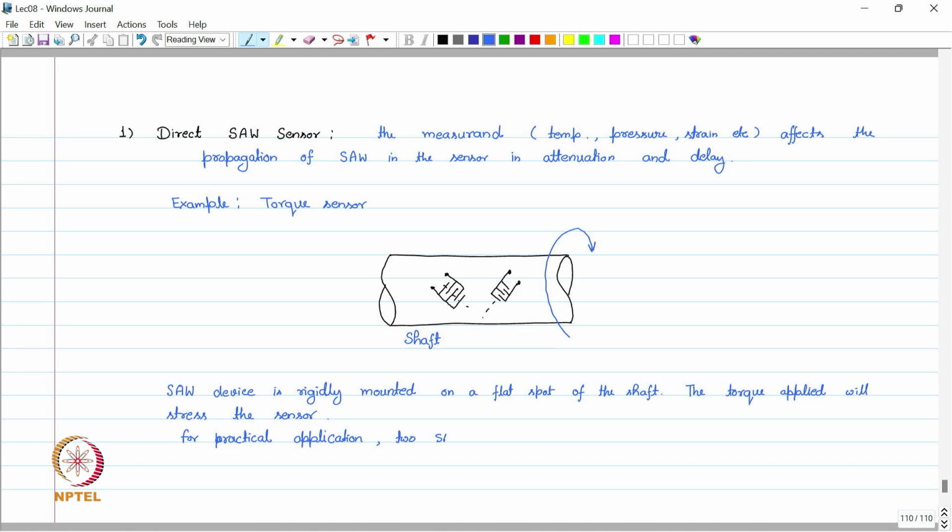Two SAW sensors are used such that their central lines are at right angles.